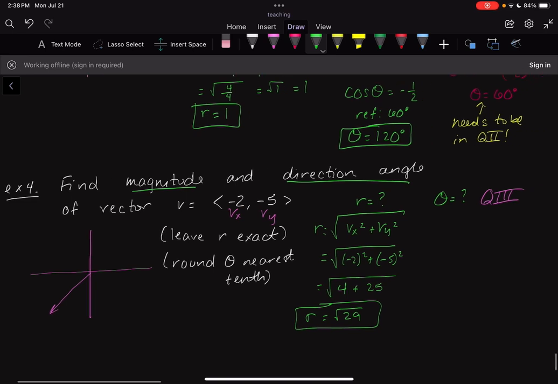Now for this one, our theta needs to be in quadrant 3. Here's the issue. There isn't a single inverse trig function that can give me an answer right away in quadrant 3. There's none. Cosine can only give me 1 and 2. Sine can only give me 1 and 4. Tangent can only give me 1 and 4.